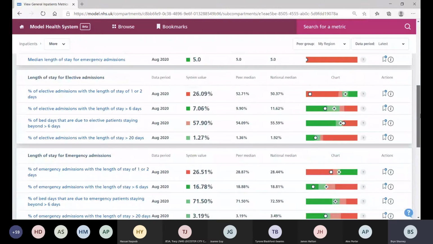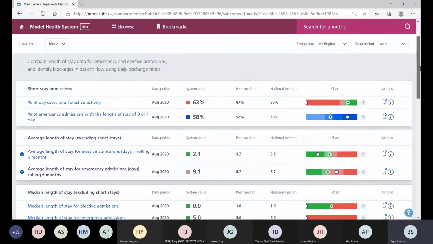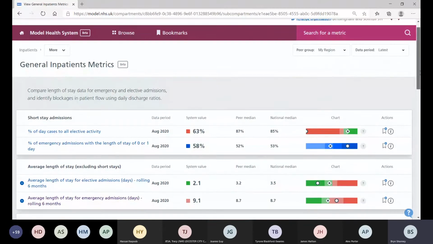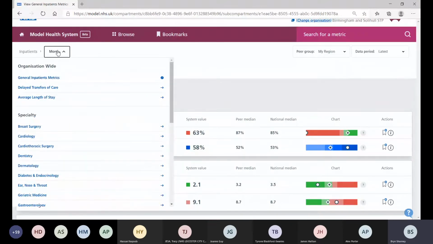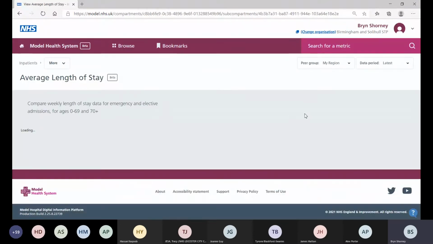So again, all the same functionality really, and the same set of metrics that you'll probably be familiar with from the Model Hospital platform.